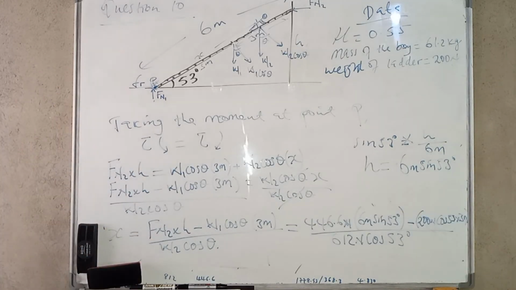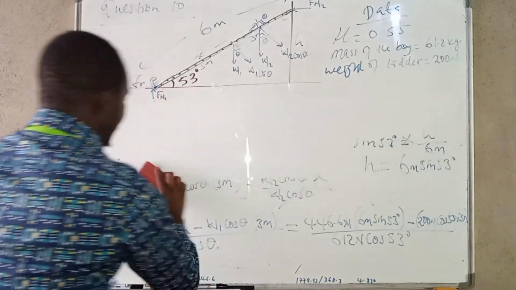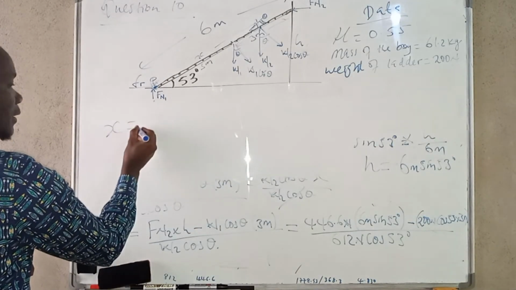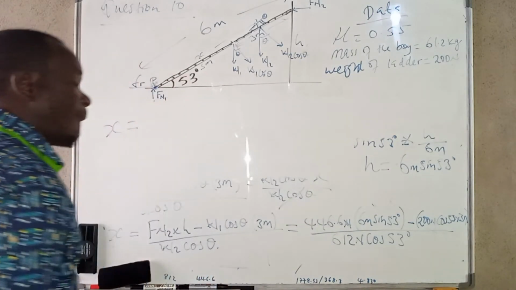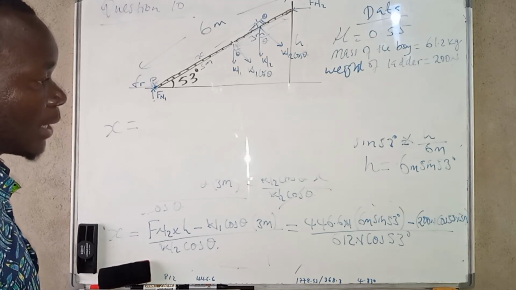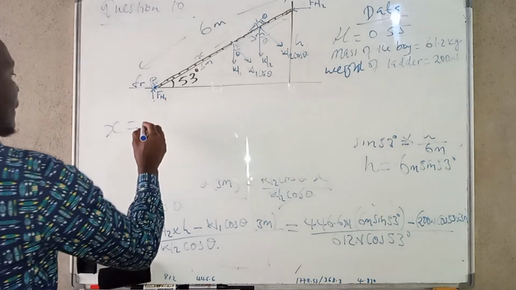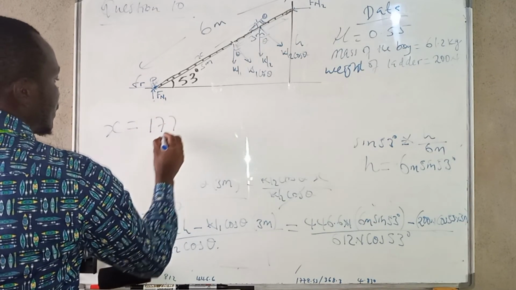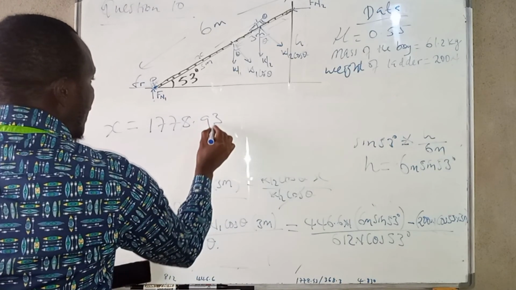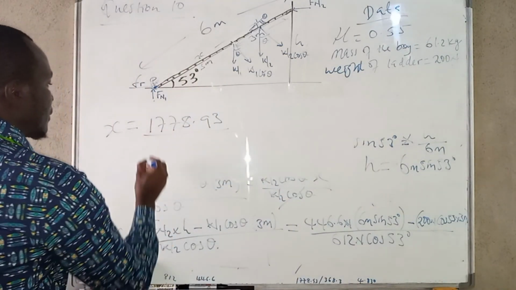So from this point, let me erase this part. x is equal to 446.6 times 6 sine 53 minus 200 cos 53 times 3 meters, we are going to get 1778.93, everything over 612 cos 53.